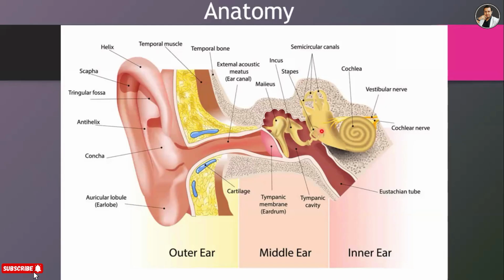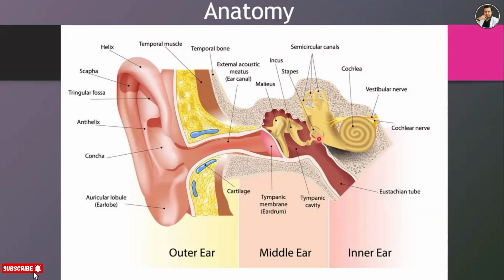The smallest bone in our body is the stapes, which is often asked as an MCQ. So these are the bones in the ear, and this is called the tympanic cavity. The small bones are in the tympanic cavity.